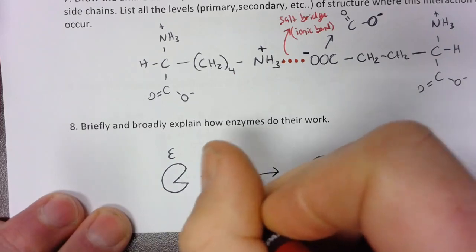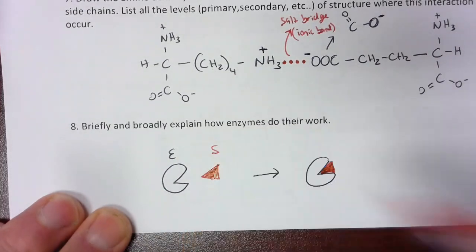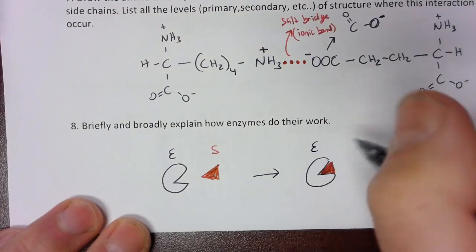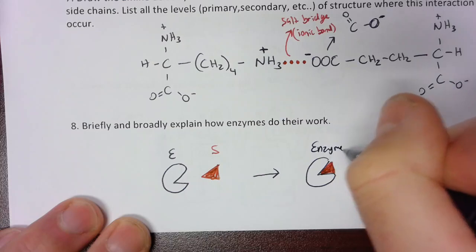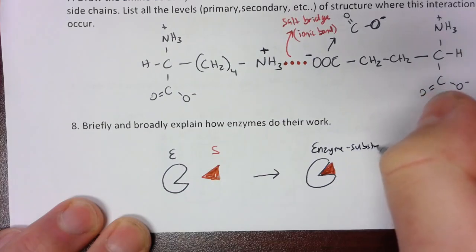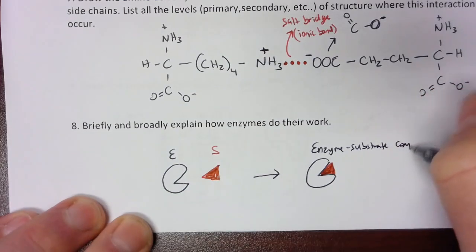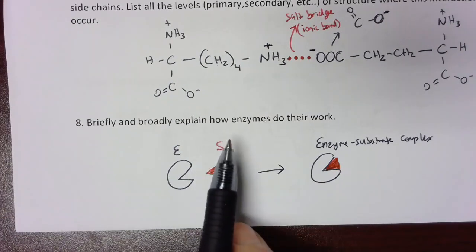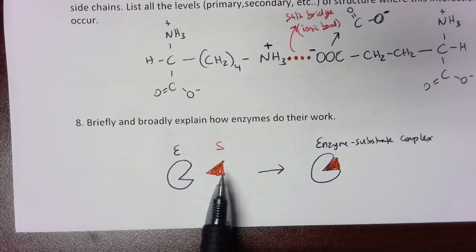Guess I should color this in too. And then this allows the enzyme to do its work. So this would be an enzyme substrate complex. And basically what the enzyme does is it lowers the activation energy necessary for the chemical reaction to take place.